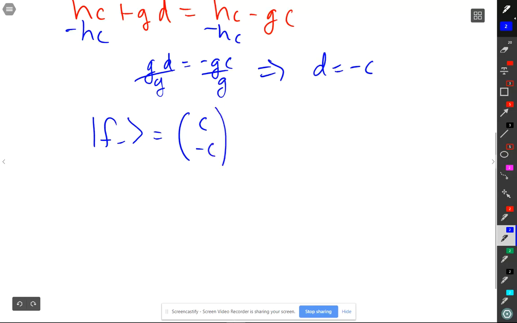And now I have to normalize it again. How do you think this is going to normalize? Yeah, exactly like the other one. It's going to be C mod squared plus C mod squared equals 1.